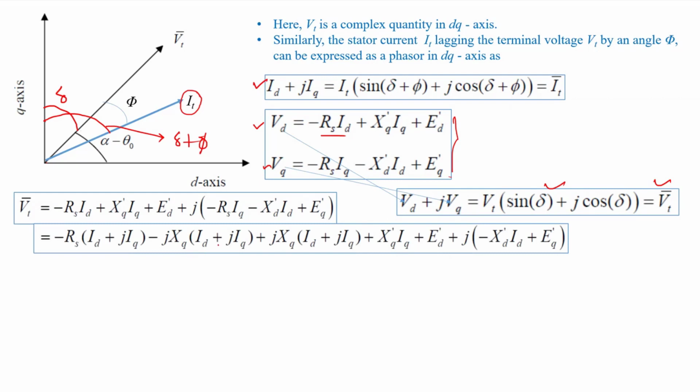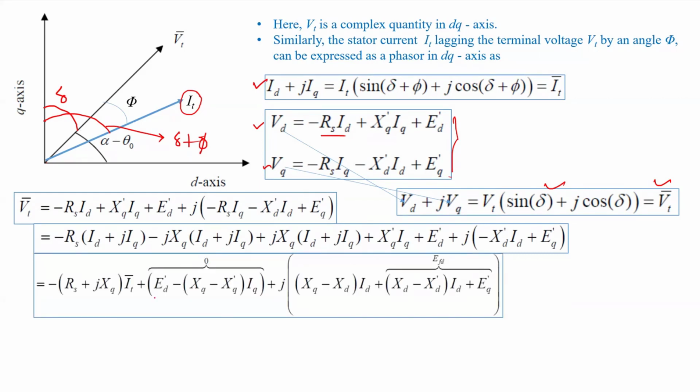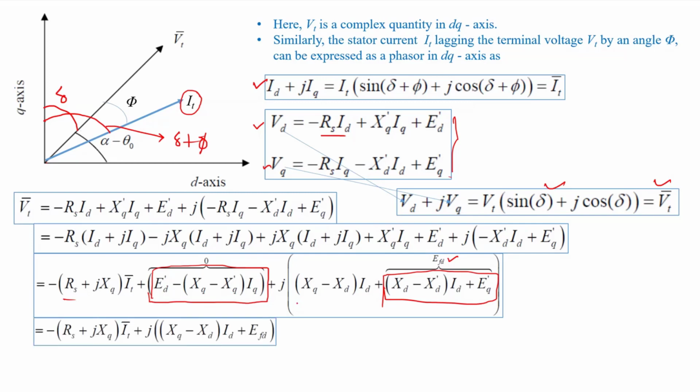Now expanding and simplifying a little, we get this equation finally. Under steady state condition, from the steady state equations we have already seen that this part is equal to 0, and this part is equal to EFD. Putting these values, we find minus Rs plus jXq It plus j of Xq minus Xd Id, plus EFD.